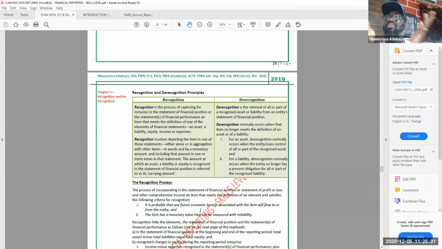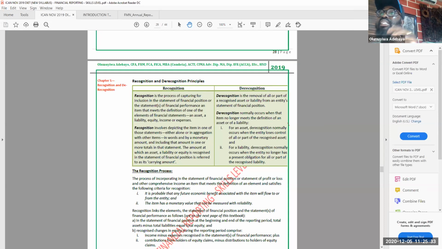Now, chapter 5, recognition and derecognition. The general framework for recognition means at the point you decide to bring into your books any item of assets, any item of liability, equity, income and expenses. Anytime you are trying to bring them into your books by accounting for them, that principle is what we call recognition.